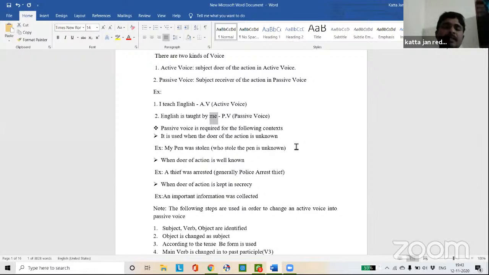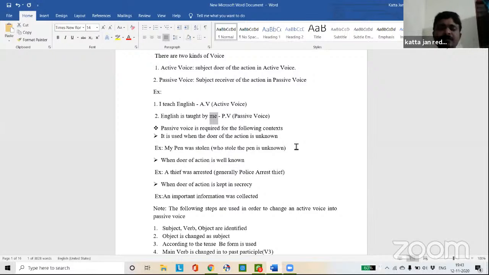Generally, who arrests the thief? Police. So it is much better to use a thief was arrested than police arrested a thief. Police arrested a thief is somehow odd. But the general, usual, common usage is a thief was arrested. It is better to say.